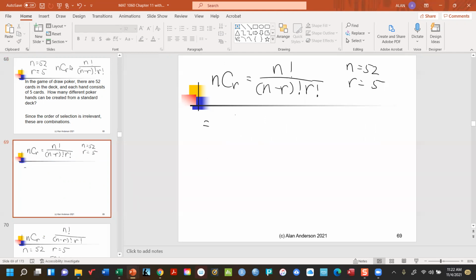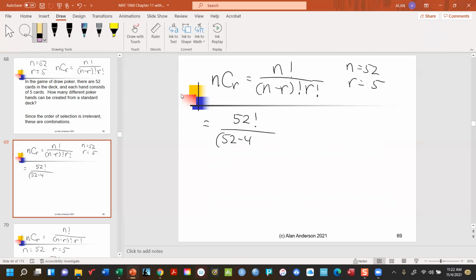So you're going to have 52 factorial over 52 minus 5 factorial. So you actually end up with 52 factorial over 47 factorial and 5 factorial. Normally this wouldn't be a problem, but these numbers are so gigantic that your calculator will show these first two in scientific notation. So here's what we can do to get around that problem.